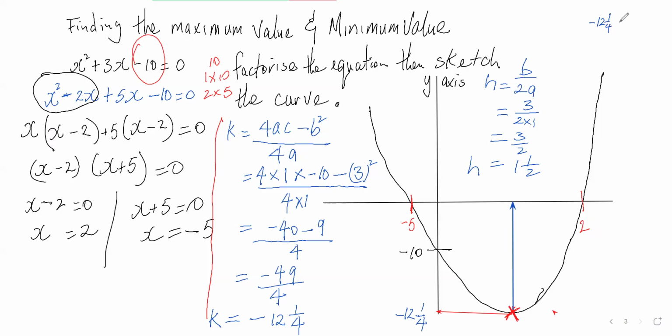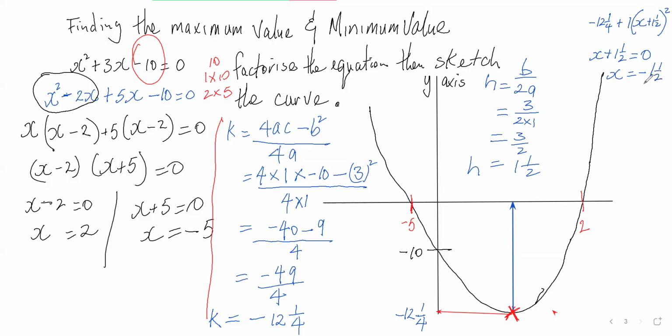I write in the formula plus 1, which was A, times X plus H, 1.5, squared. So X plus 1.5 is equal to 0. So X is equal to negative 1.5.